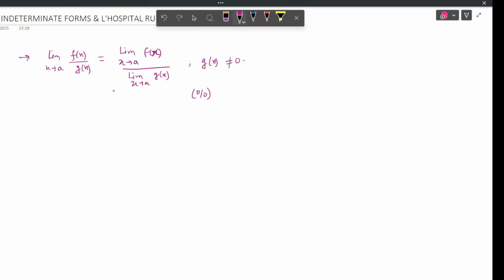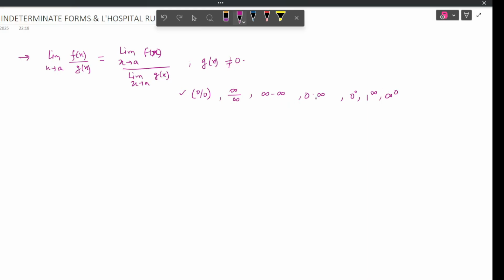There are other indeterminate forms also. One we have learned is 0 by 0. Others are infinity by infinity, infinity minus infinity, 0 multiplied by infinity, 0 to the power 0, 1 to the power infinity, and infinity to the power 0.